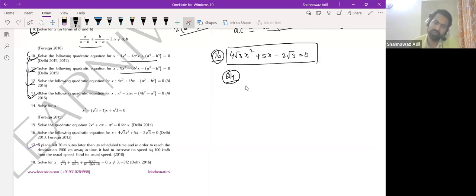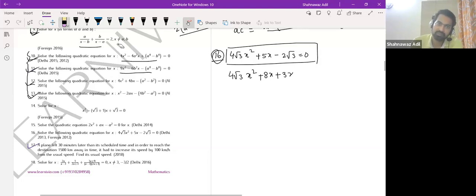So you got the answer, then what's the problem? Okay, so Abir already got these combinations: plus 8x minus 3x, and then minus 2 root 3 equal to 0.